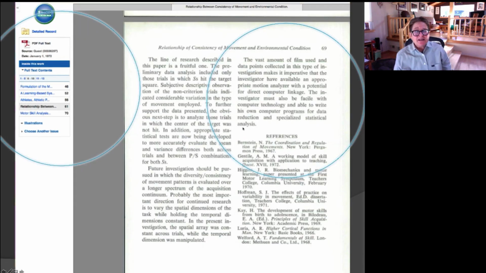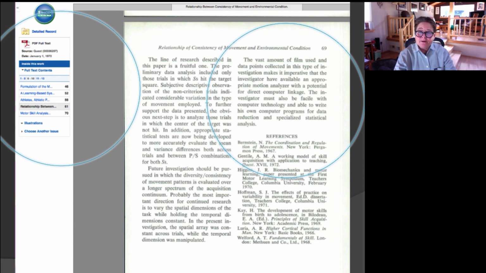Recently, I was rereading this article from, look over here, 1972, and I get to the last paragraph of the paper, and it says, the vast amount of film used and data points collected in this type of investigation makes it imperative that the investigator have available an appropriate motion analyzer and a potential for direct computer linkage.